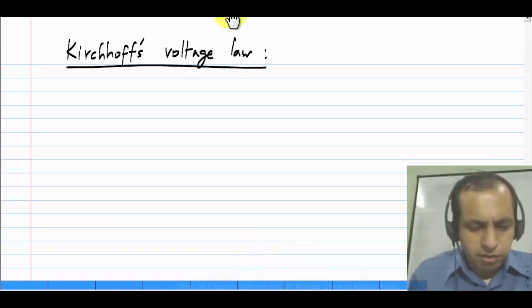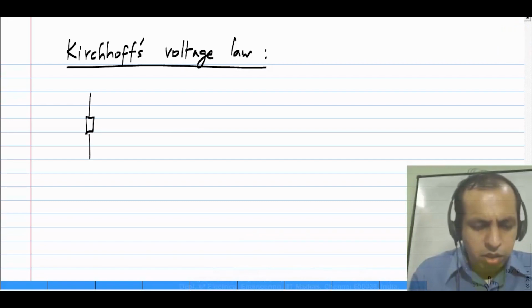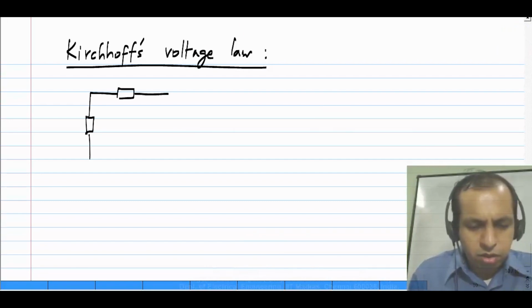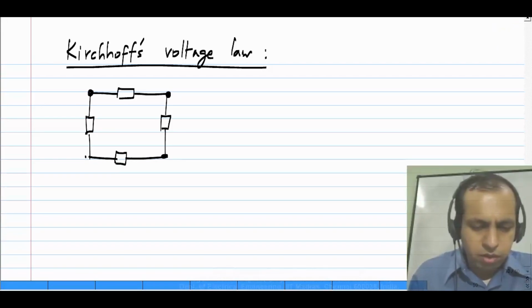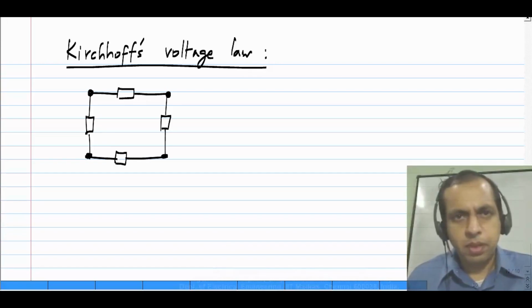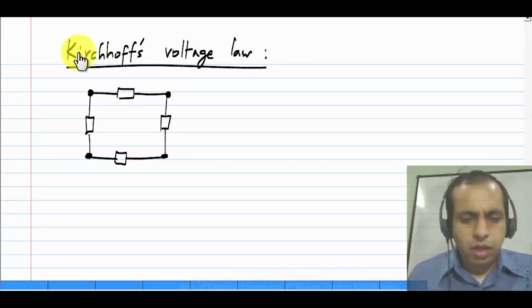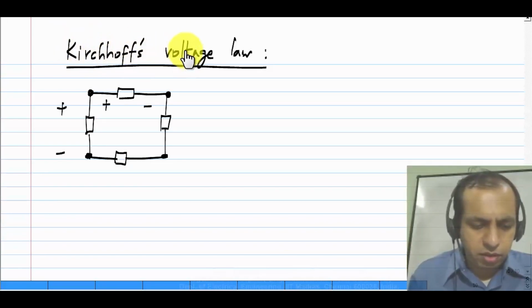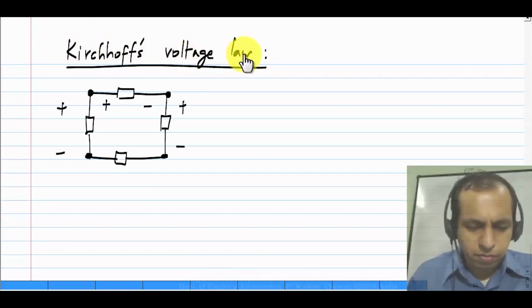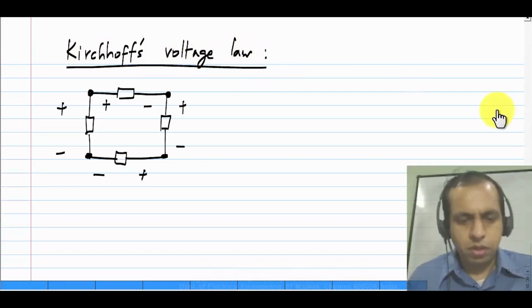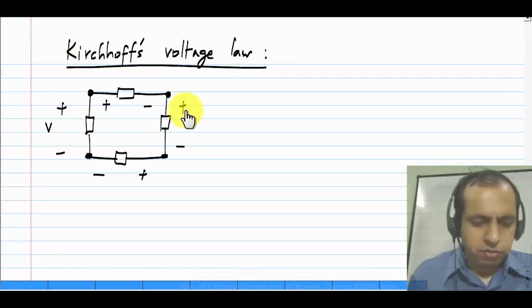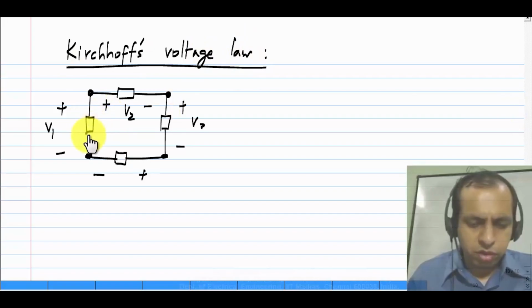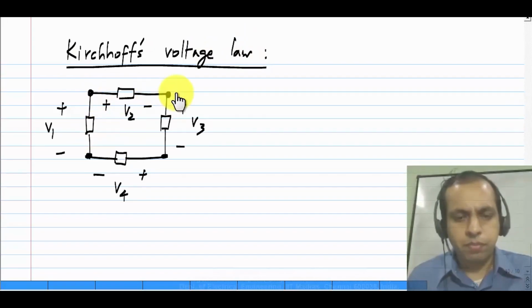What it says is that, let's say we take a loop of elements, and each element has a certain voltage across it, and let me call these V1, V2, V3 and V4.